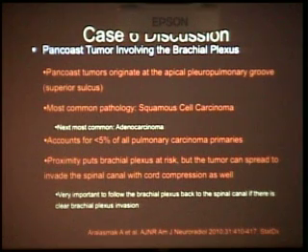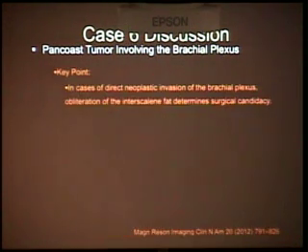The location of this tumor is what causes the problems. It is right there by the brachial plexus, invades through the apex and gets into those structures. And it can also invade into the spinal canal. So always track your nerves back to the spinal canal to see if that nerve root is involved. It has free reign to go up and down that nerve bundle. So just track it back to look for a spinal canal invasion.